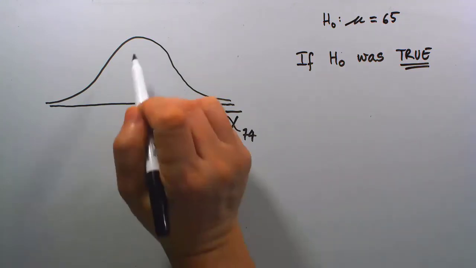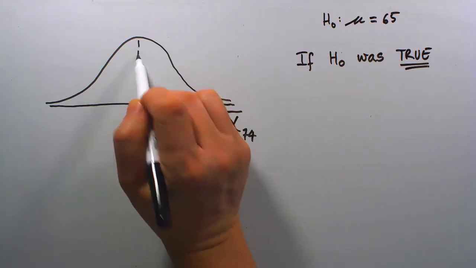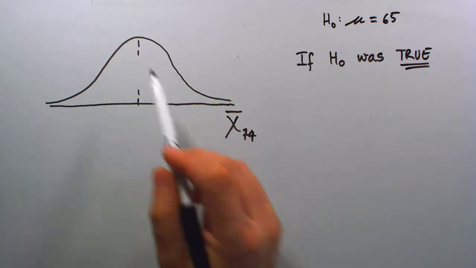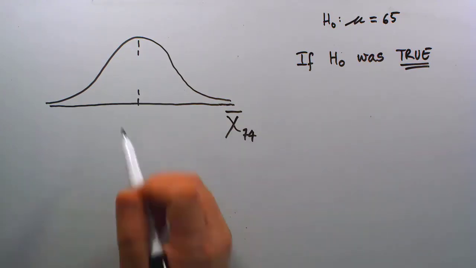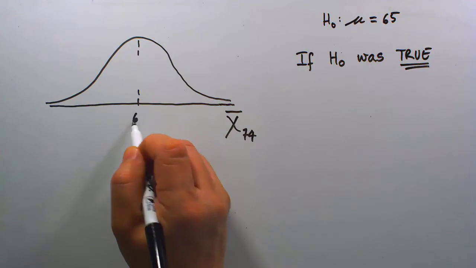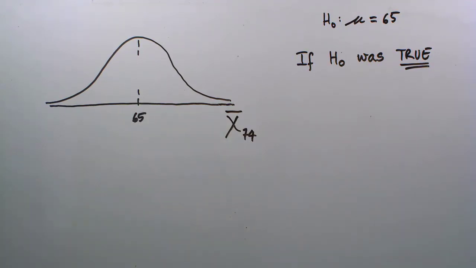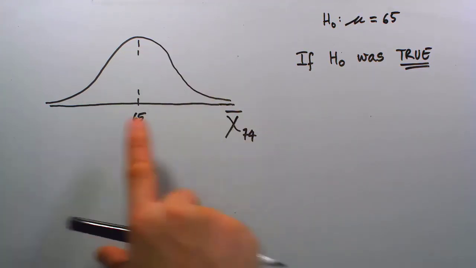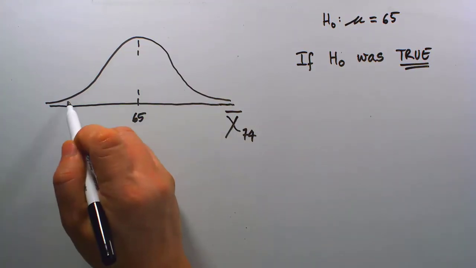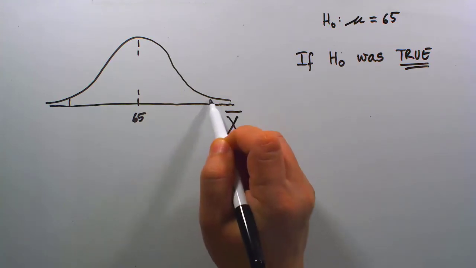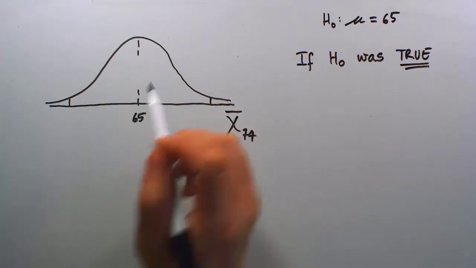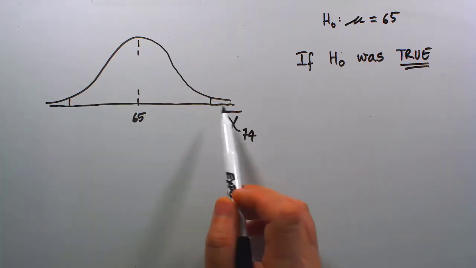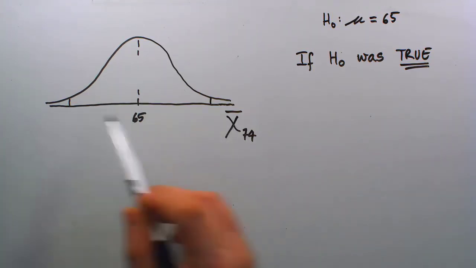And so consequently, our bell curve here representing the distribution of all sample mean values at size 74 has the center right at 65. And so being a bell curve here, just like any other bell curve, has a common area, a big fat area in the middle, right around the center. And outside of that common area, there are the unlikely areas, two unlikely areas.